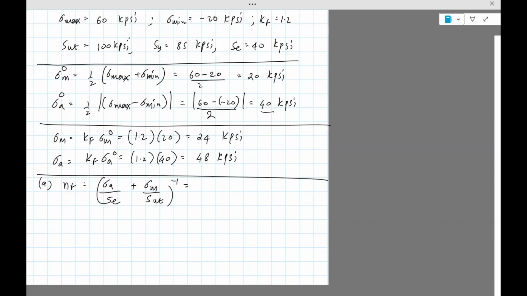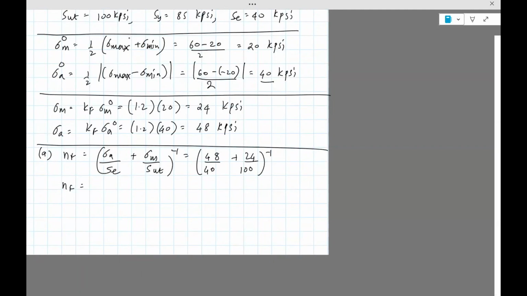So sigma A is 48, Se is 40, sigma m is 24, Sut is 100, to the power of negative 1. So NF is 0.69. By the way, this formula is only for sigma m greater than 0, which it is.